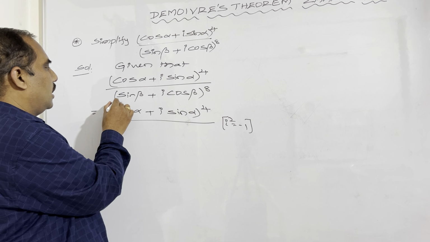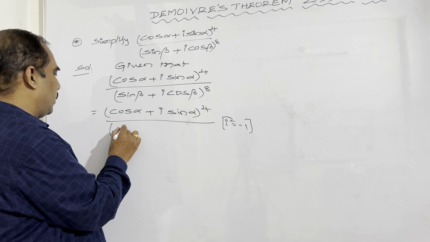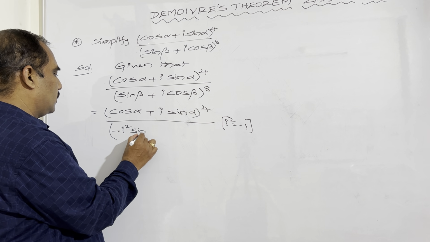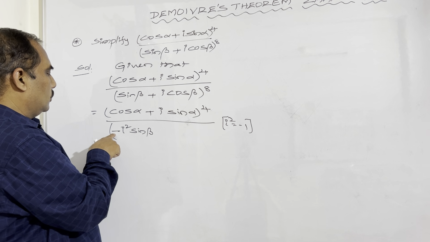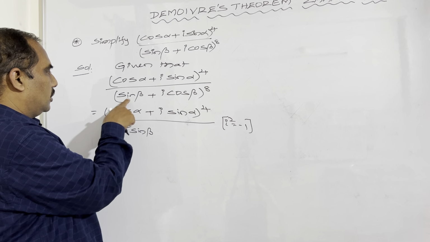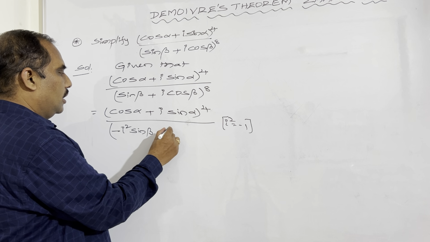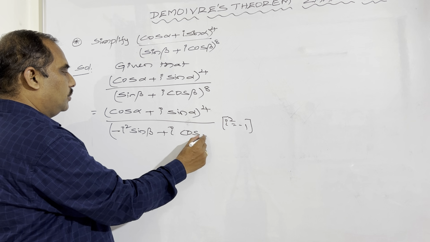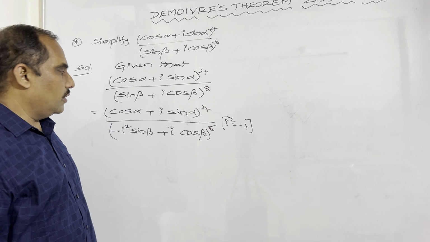So we write minus I square sin beta, because I square value is -1, and minus of -1 is plus. So minus I square sin beta plus I cos beta, whole to the power of 8.